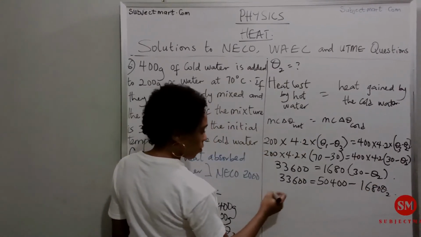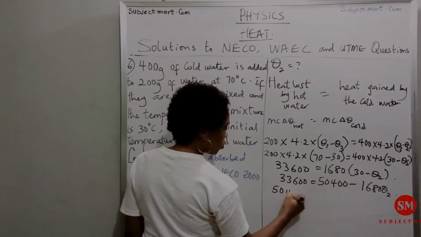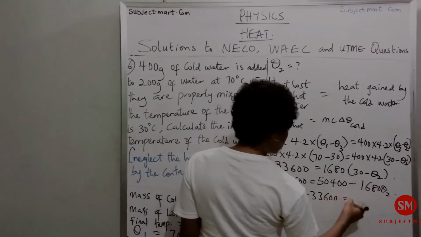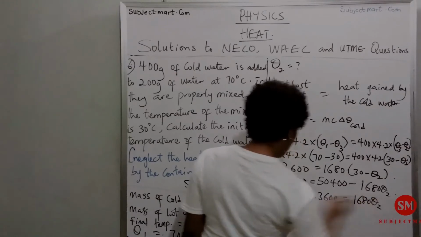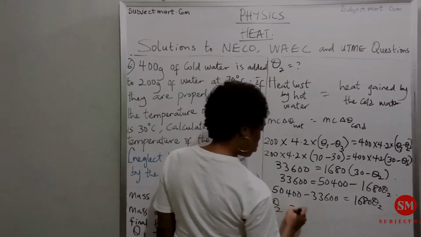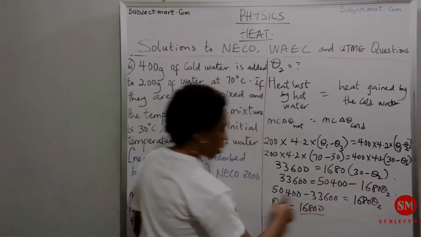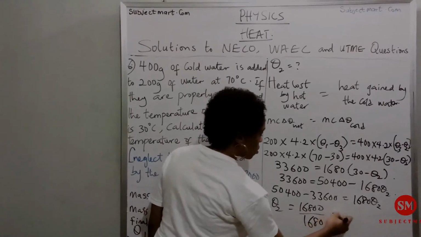So from here I have 50,400 minus 33,600 is equal to 1680 theta 2. So my theta 2 now is equal to 16,800, this minus this, divided by 1,680.